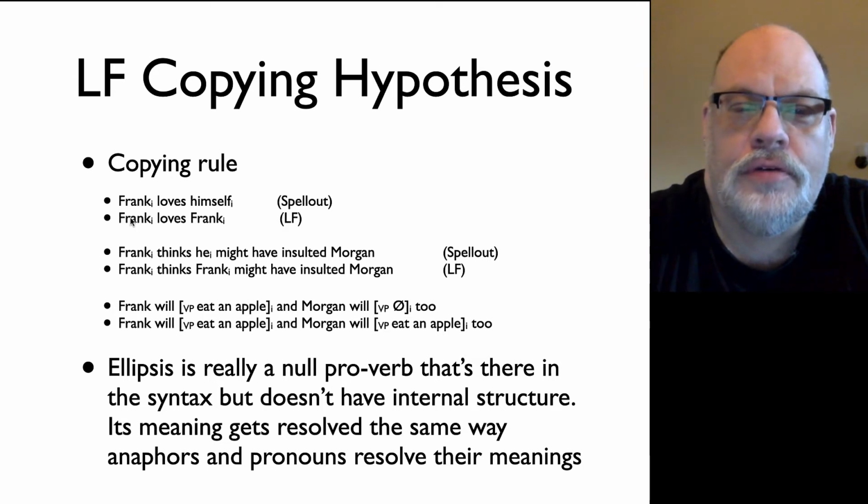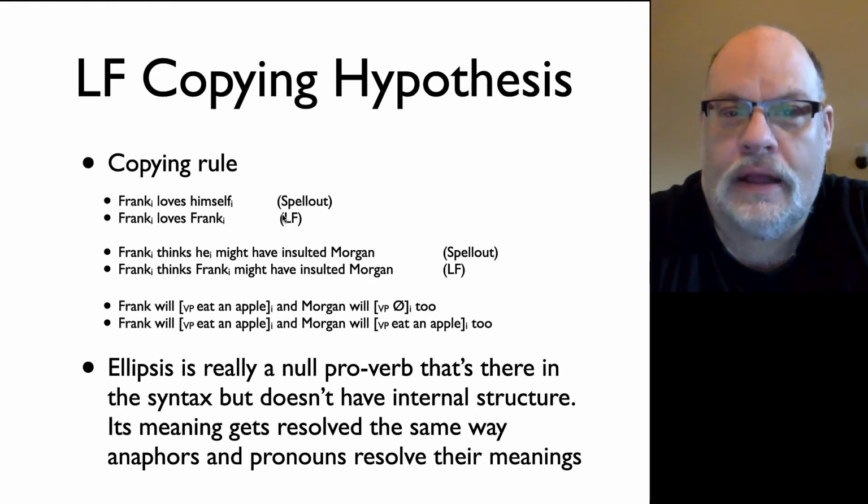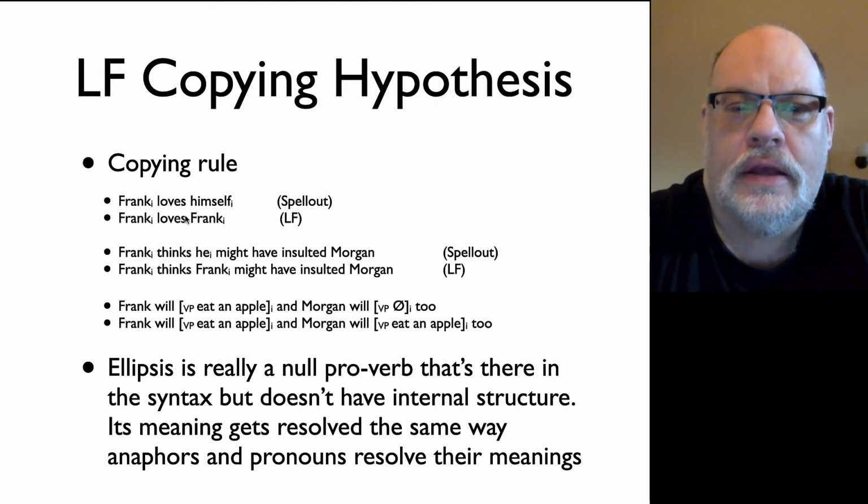Because of this index, you take the other thing that's indexed with it and copy it in. Now, before you say this is a Principle C violation, you would be right, but Principle C doesn't hold at LF. That's the basic intuition: once you do this copying, the binding conditions have already been met. But this is how you figure out who himself refers to: the indexing is effectively a copying operation.